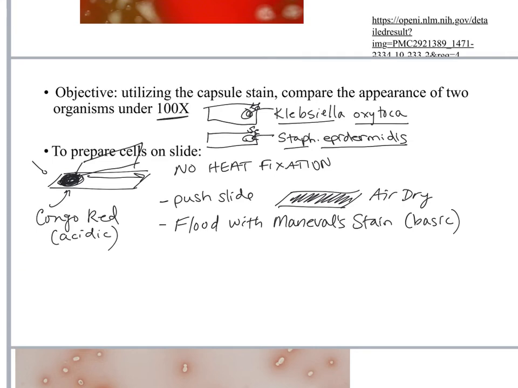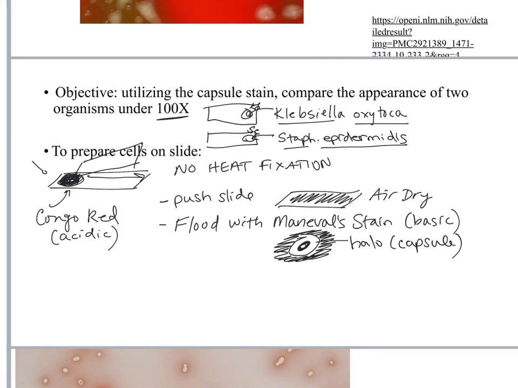But because the Maneval's is a basic dye, it will stain the cell wall a little bit. It will penetrate through the capsule to some extent. So the background is going to be stained by the Congo red, and then the Maneval's stains the cell wall a little bit. So then you see this nice kind of halo effect, which is the capsule if it's there.